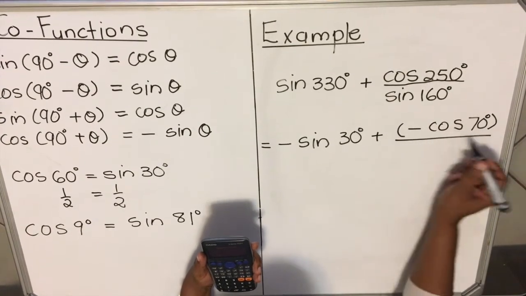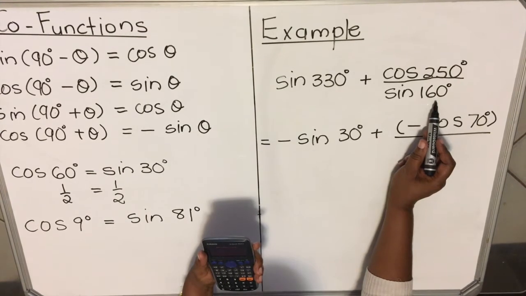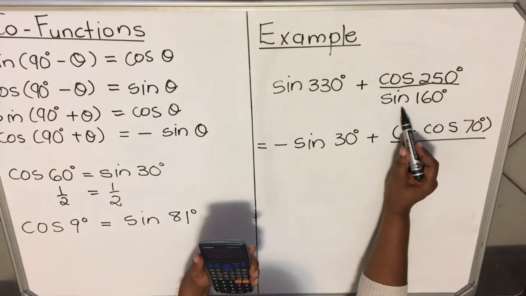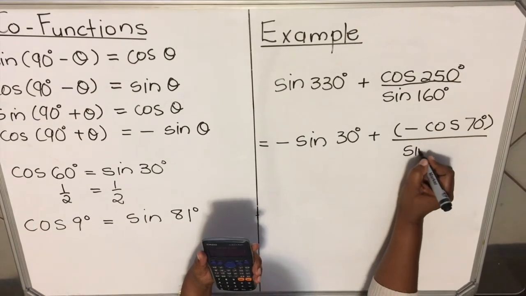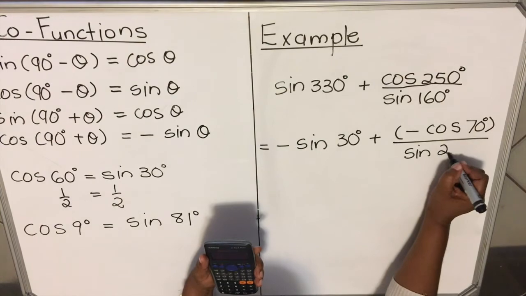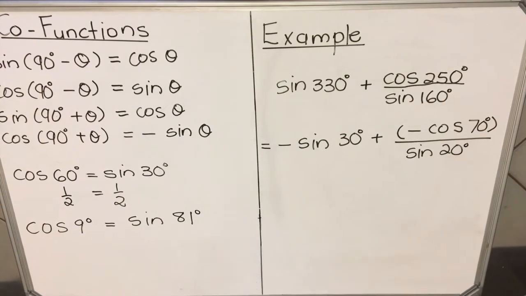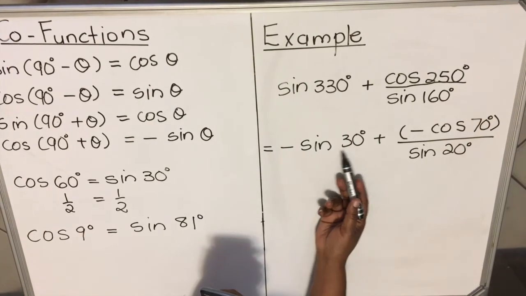Then divided by sine 160. 160 is in the second quadrant. How is sine in the second quadrant? It's positive. So I write the ratio, sine, then I go 180 minus 160. It's 20 degrees, right?